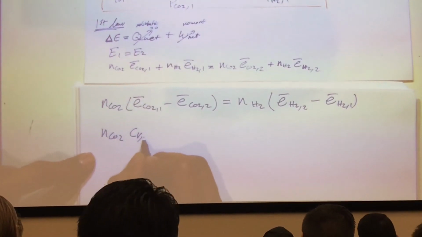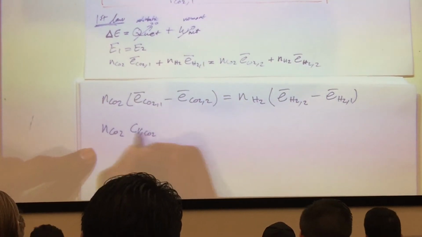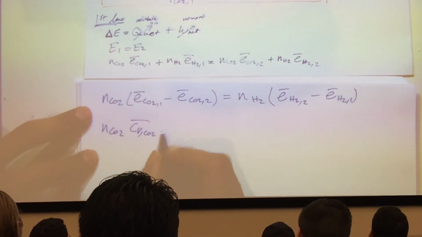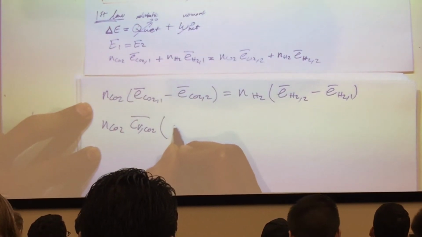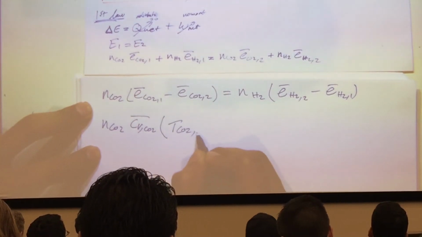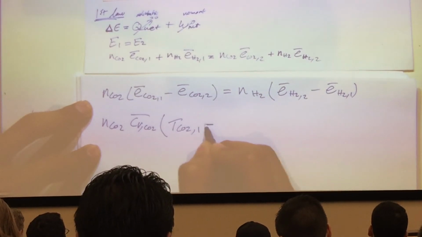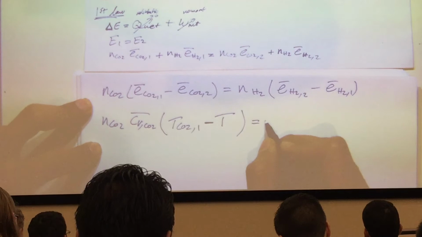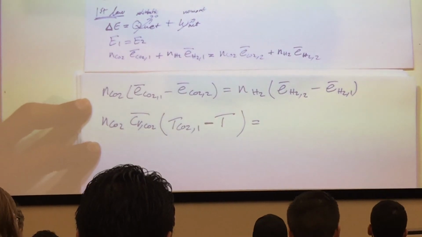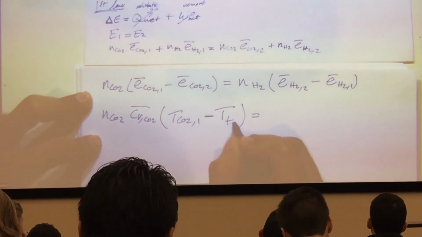So I could say CV CO2. Now, if this is in terms of moles, I'll keep the bar up there and say it's T CO2 1 minus what temperature? Somebody said T total. Very good.